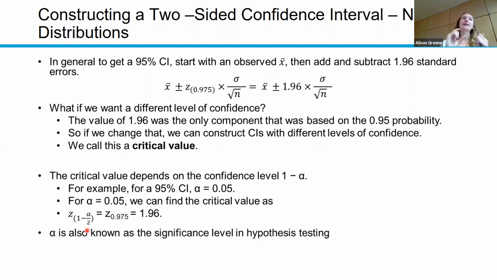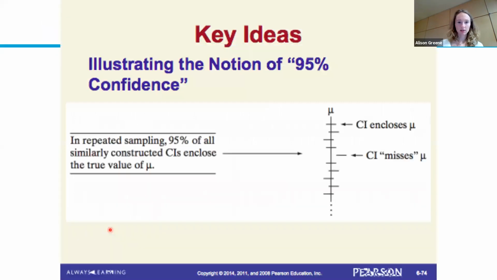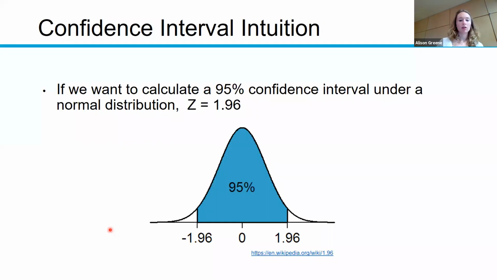And the reason that we're dividing that by 2 is because we're splitting it into the two tails. So this Z 0.975, what that's really showing us, let me go back here so I can show you, is that at this line 1.96 and everything to the left, that's 97.5% of our data.